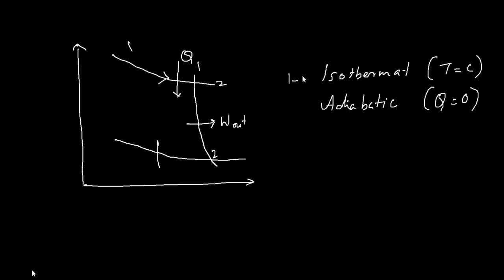So you can call the adiabatic process here 2 to 3. So 1 to 2 is a reversible isotherm, 2 to 3 is a reversible adiabatic, and here you have the heat rejection to a low temperature sink, and then you will have the work input. So here is your work output, you reject the heat, and then you will have the work input.